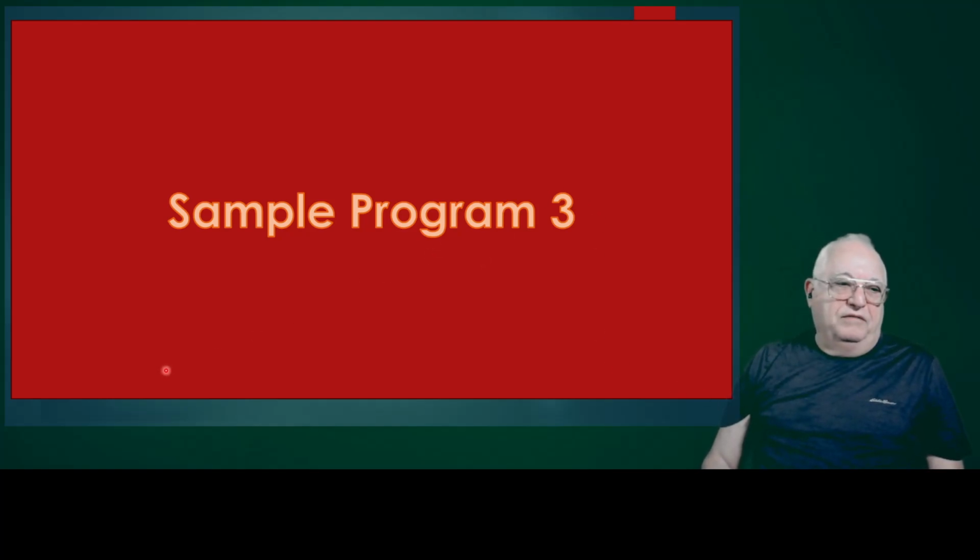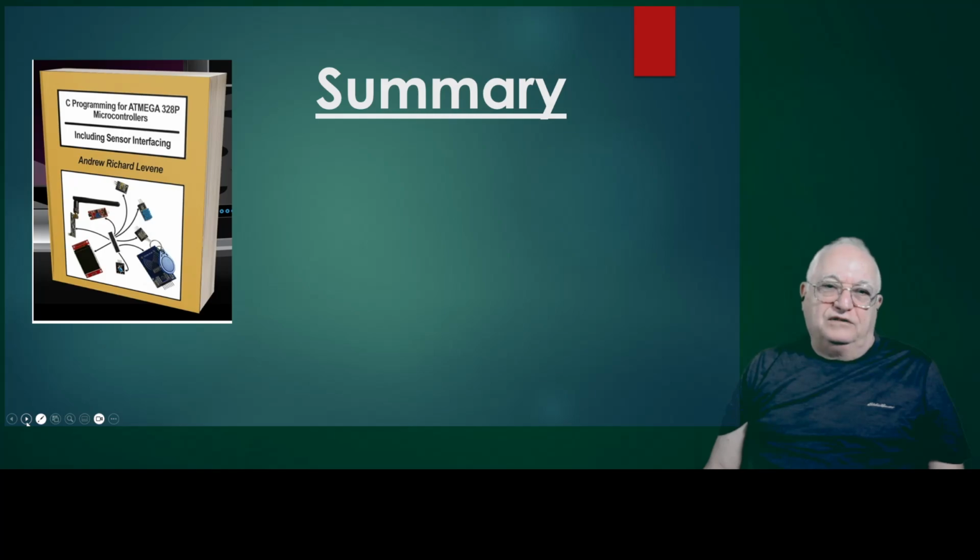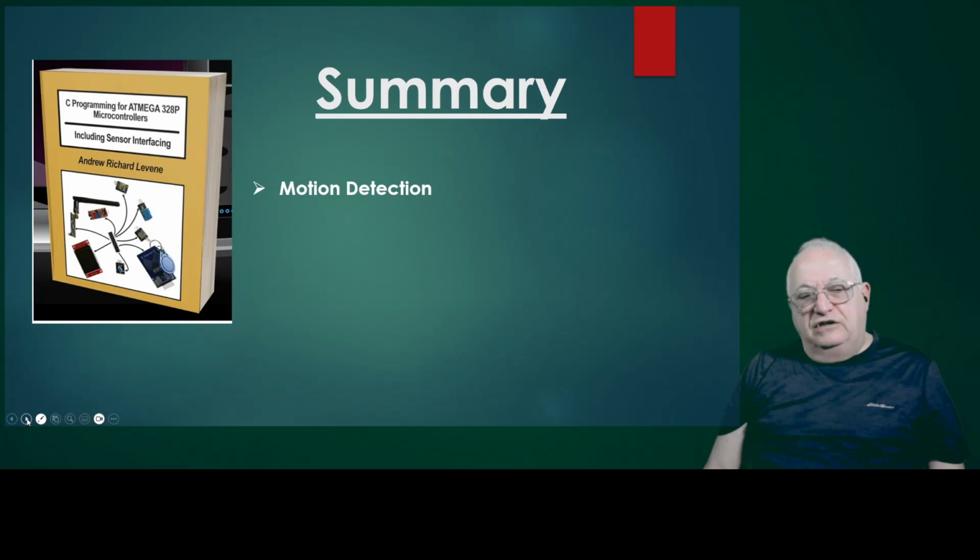Okay, so we finally got that one to work. So with this, we get to the end, to the summary. In my presentation, I talked about the motion detection sensor.